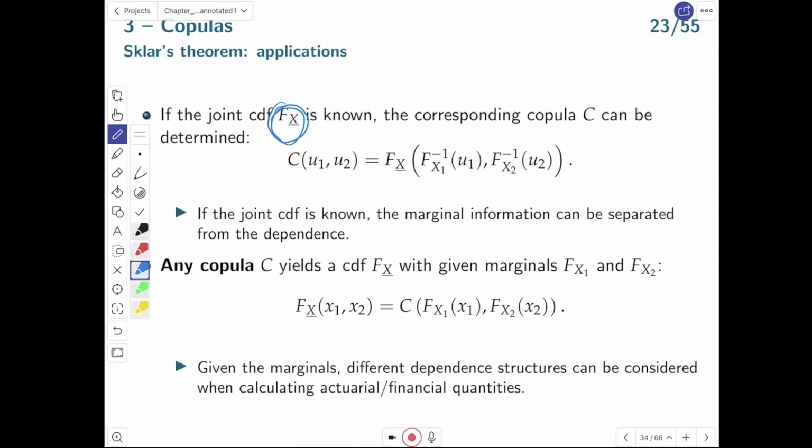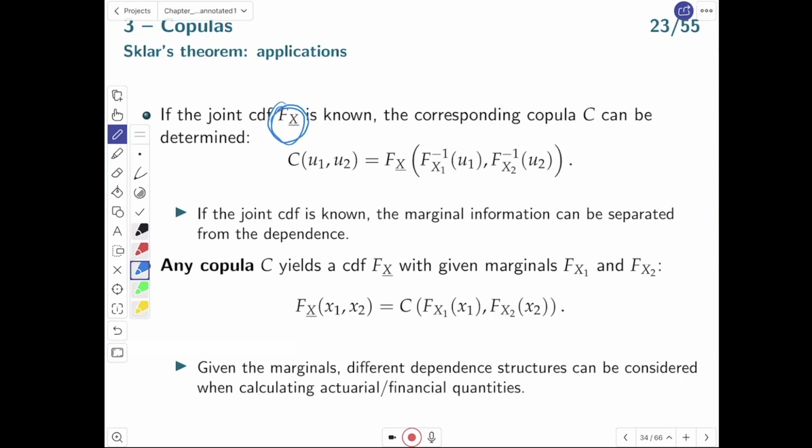Then Sklar's theorem can be used to extract the copula, which is embedded in your joint CDF. We know from Sklar's theorem that there always is a copula that connects the marginals with the joint CDF, and it's the only one, right?